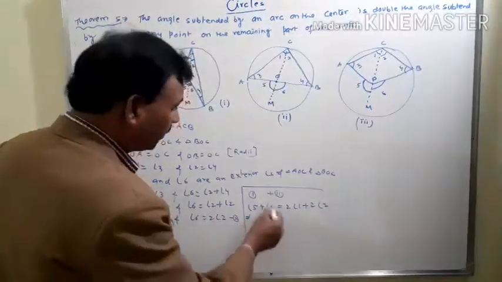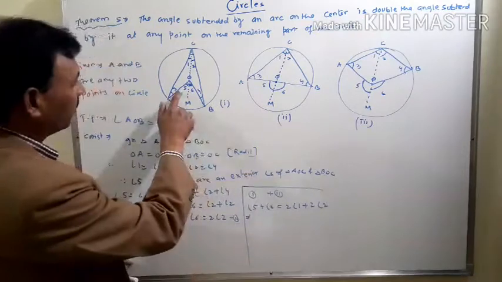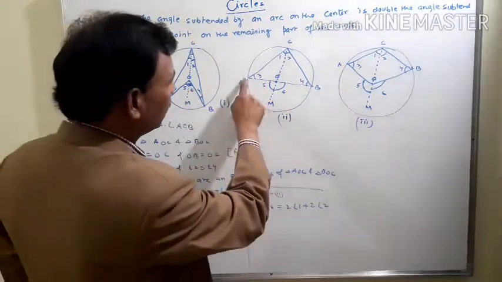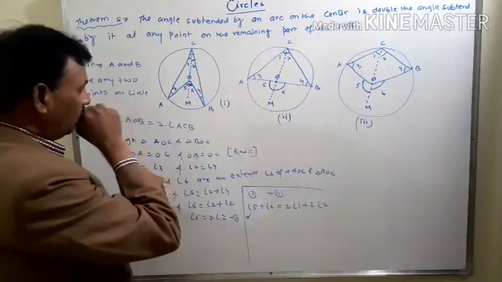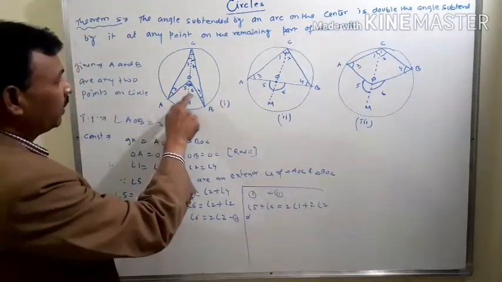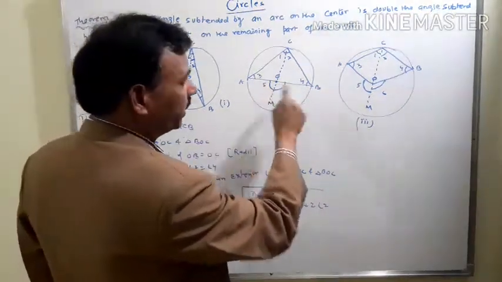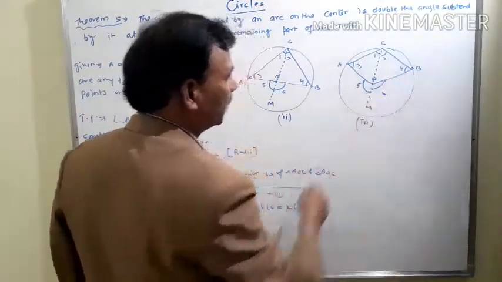Therefore, if you see in the figure, angle 5 plus angle 6 equals angle AOB. Here also 5 plus 6 equals angle AOB, and here 5 plus 6 equals reflex angle AOB.